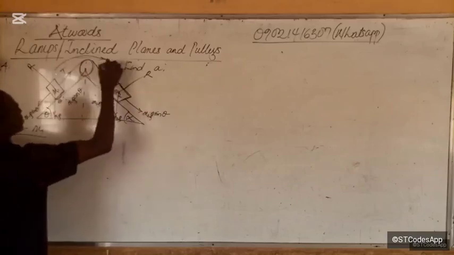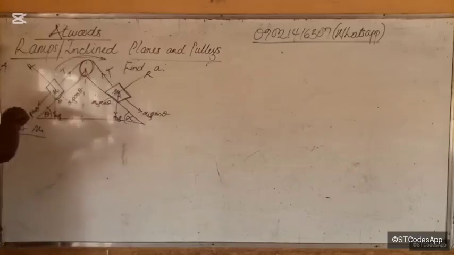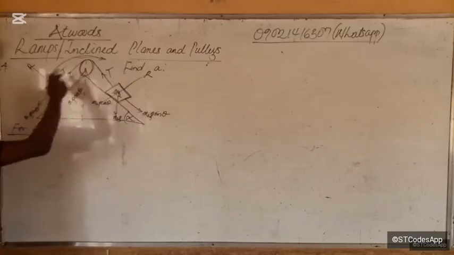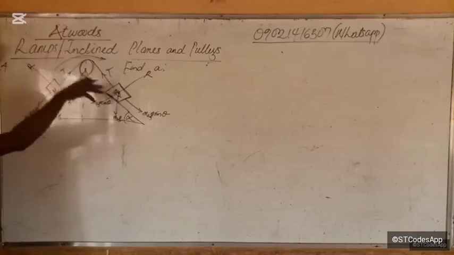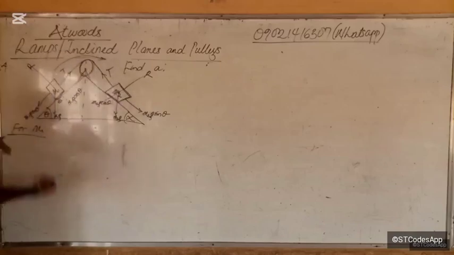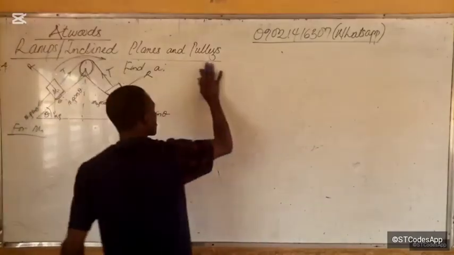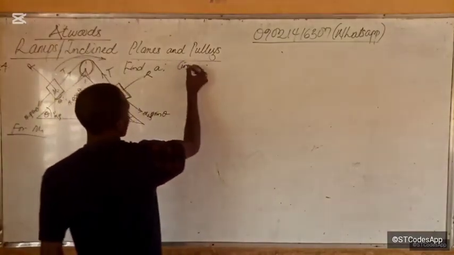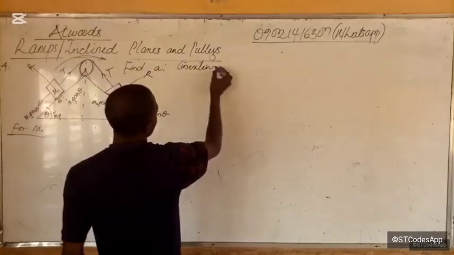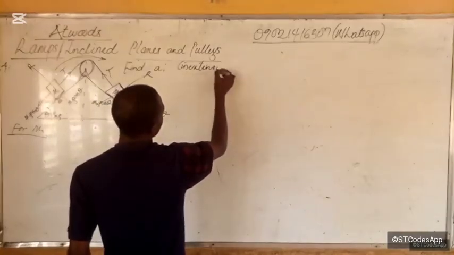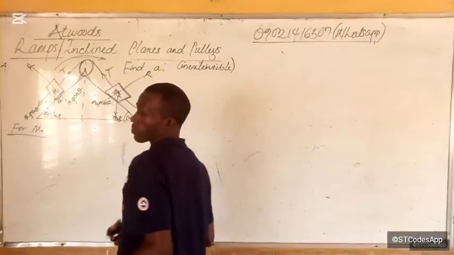Tension will be in this direction. All right. So tension is the same because it's the same string. I keep repeating that. It's the same inextensible string. Keep in mind that that's also one of the conditions for this to be true. The string has to be inextensible.